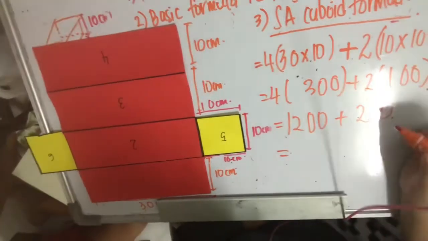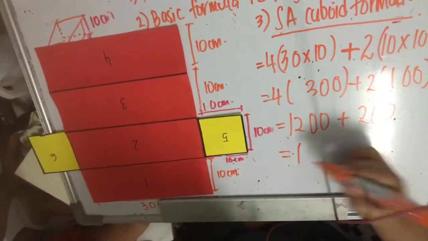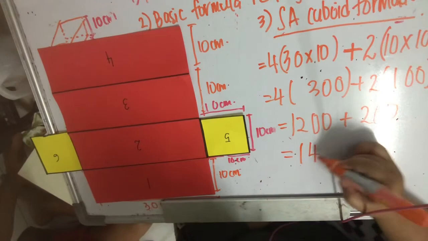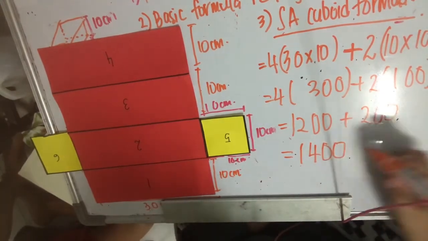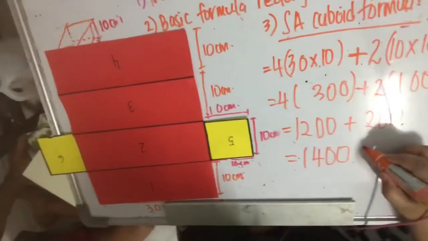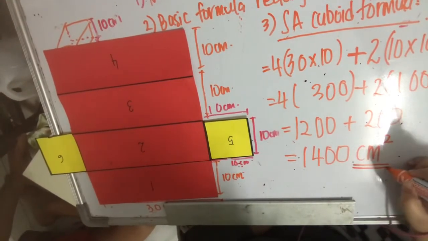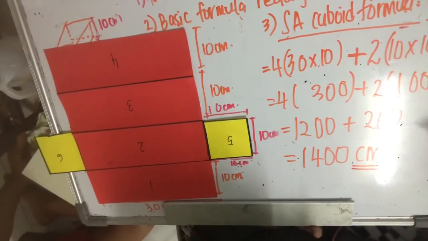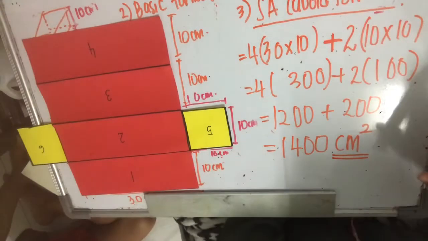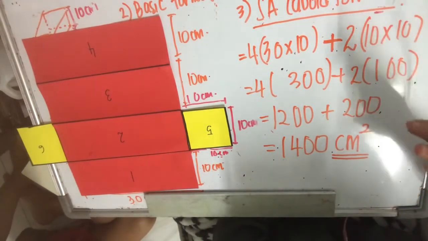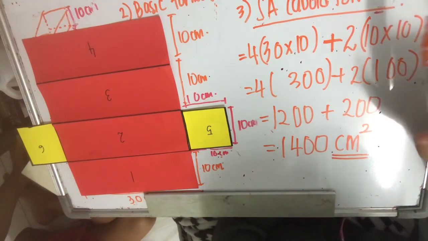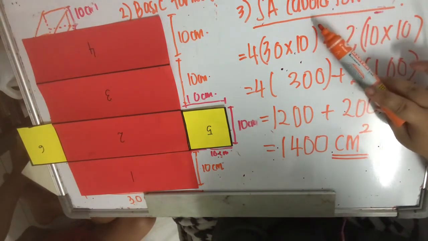So the total surface area is 1,400 cm squared. You need to have this unit. Do you get it? So this is how you calculate the surface area of a cuboid.